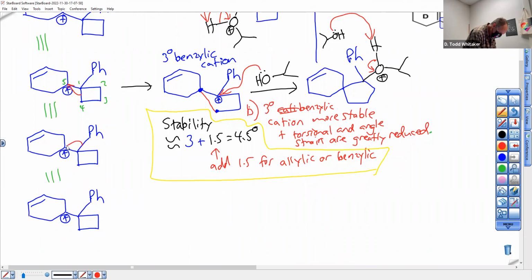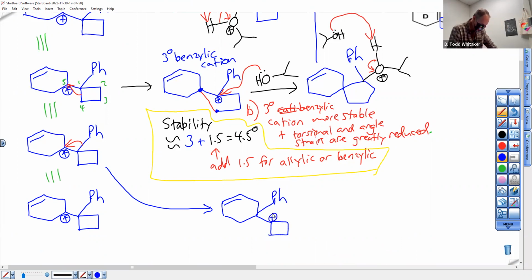You're still having the angle and torsional strain. Not a great cation. And isopropanol again. HO isopropyl.